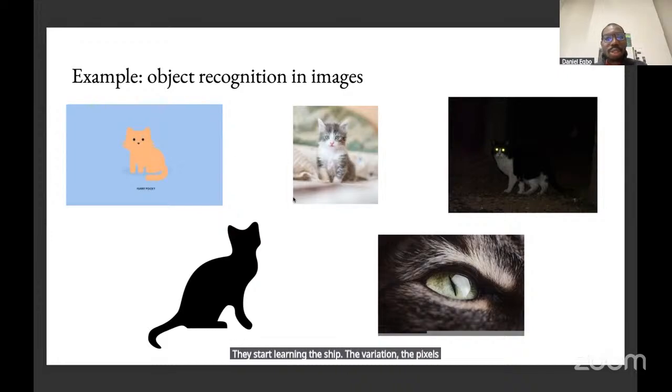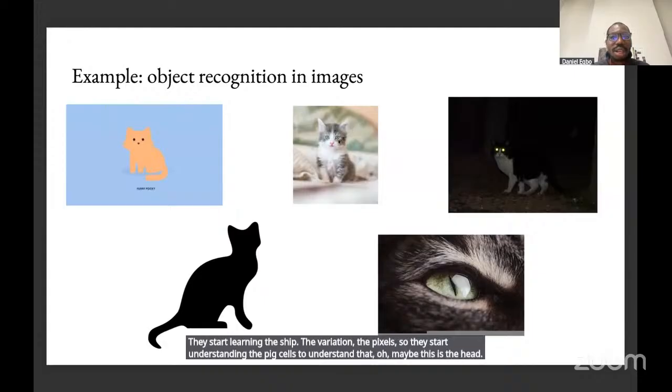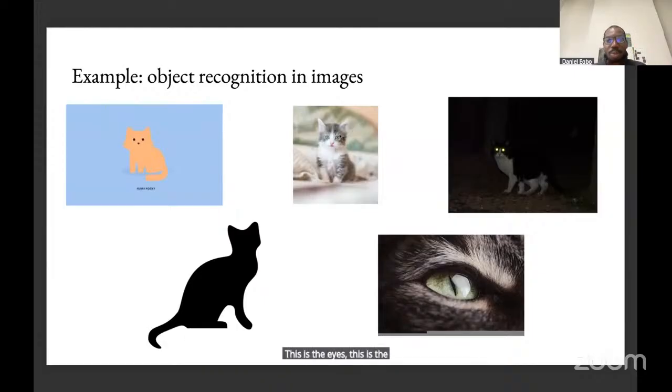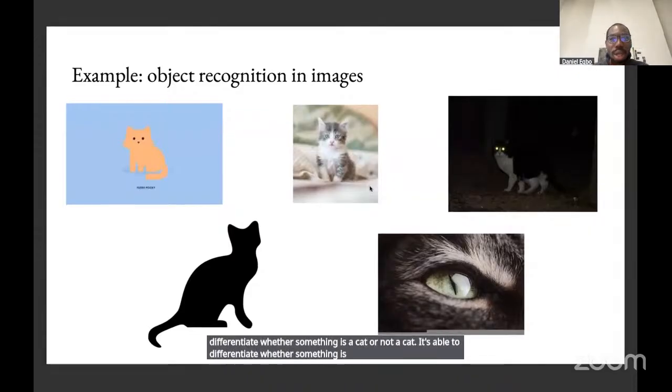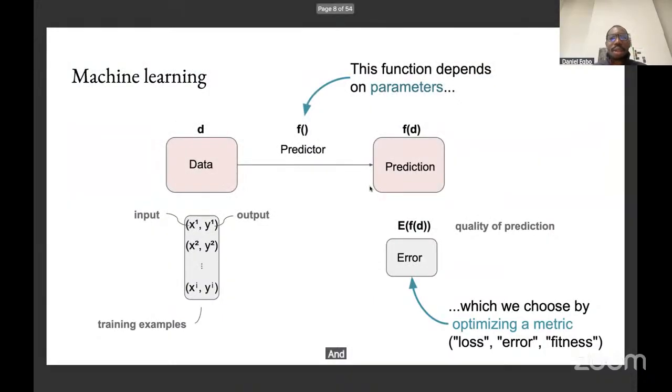They start understanding the pixels to understand that, oh, maybe this is the head, this is the eyes, this is the nose, this is the shape of the cat. So over time, it learns this. It's able to differentiate whether something is a cat or not a cat, a dog or not a dog, and it goes from there.